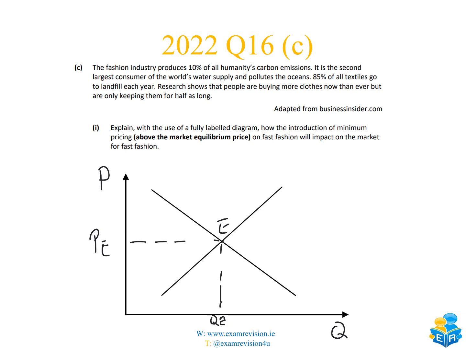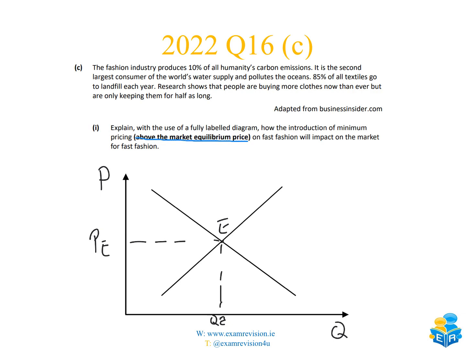So then we have to draw in our minimum price, which is, as it tells you in the question, and it's bolded, right, above the market equilibrium price. So we need to draw a new price in here.